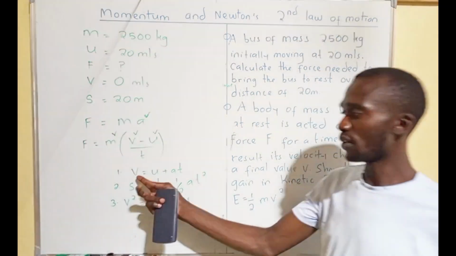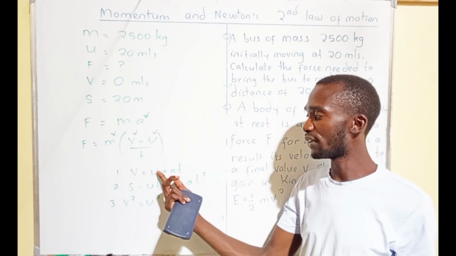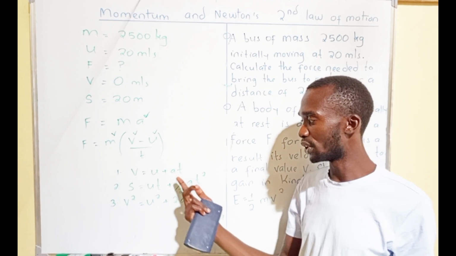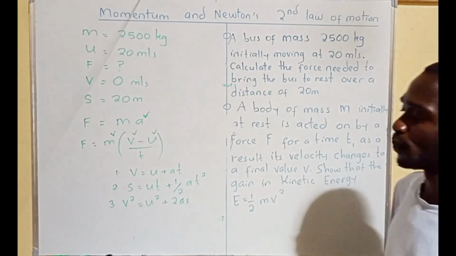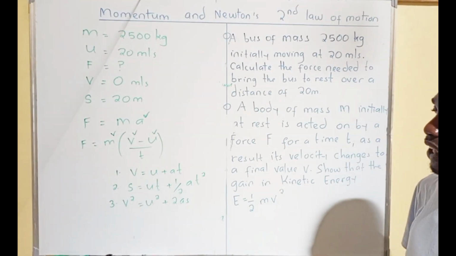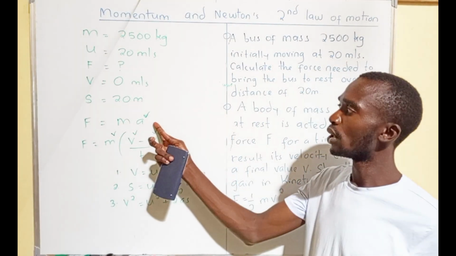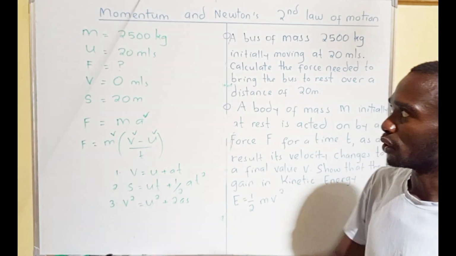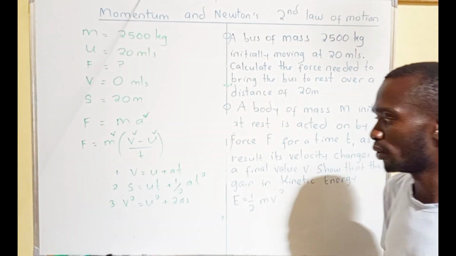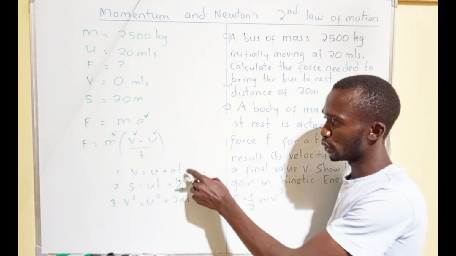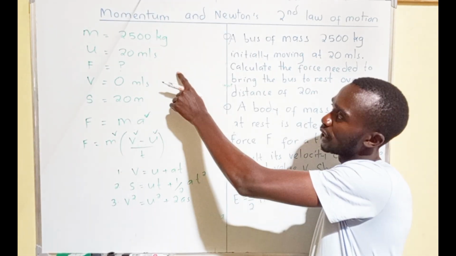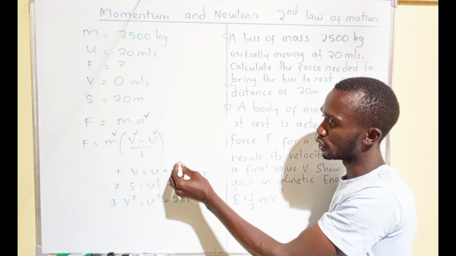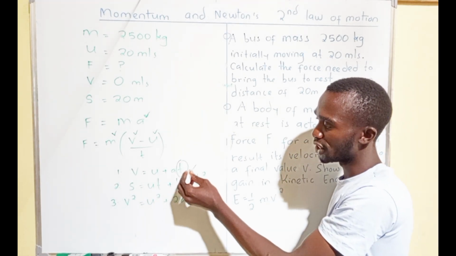V stands for the final velocity, u for the initial velocity, a for acceleration, t for time, and s for displacement. We don't have the acceleration or the time. F is equal to ma. I could use the first equation to get the acceleration, but we don't have time from the constants given.